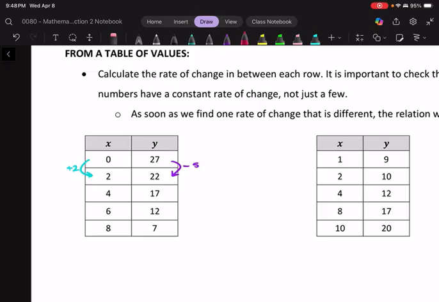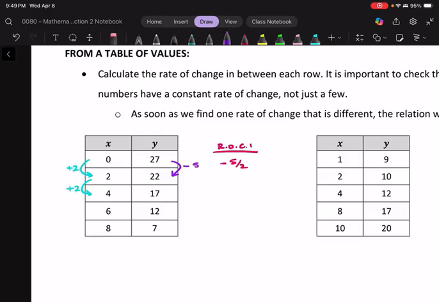The rate of change here is how much y changed divided by how much x changed. So the rate of change is negative 5/2. We check the next one. To go from 2 to 4 for x, that requires us to add 2.